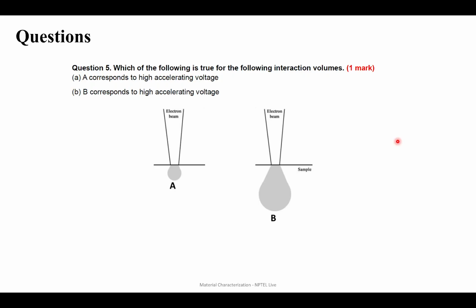Which of the following is true for the following interaction volumes? We have two images, A and B. A corresponds to the highest accelerating voltage, B corresponds to the highest accelerating voltage.